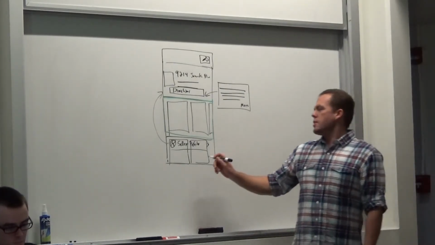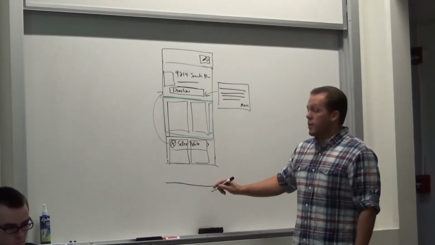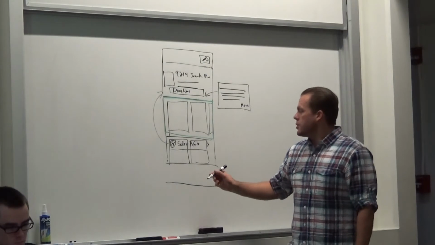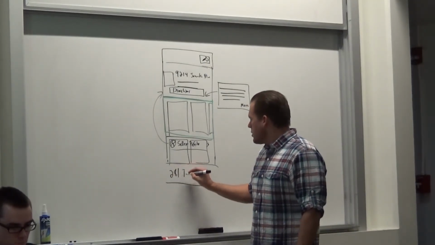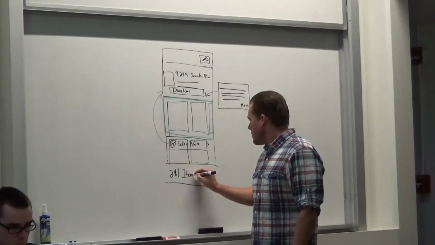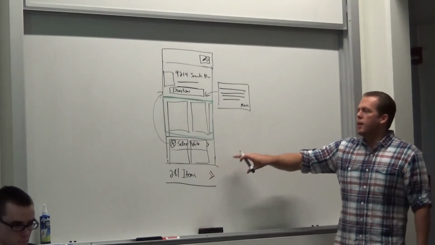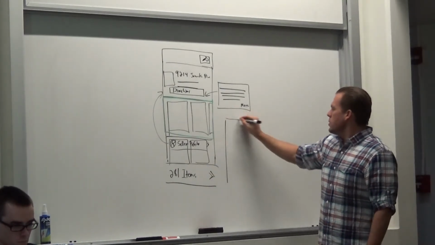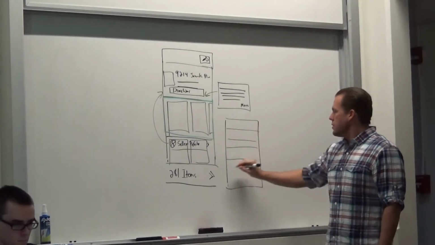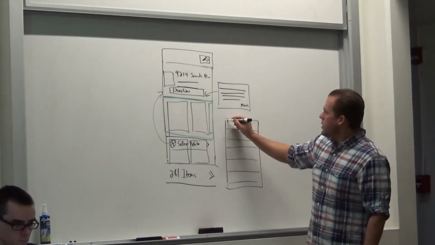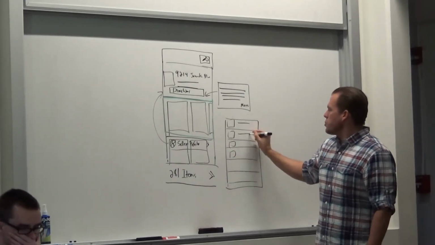Okay, let me suggest one. Another option, which is probably not a good idea. I like bad ideas too. You could say 281 items, and then it's just a caret, and then it takes you to a detail that would then show you another list of all the items with photos and then a description.